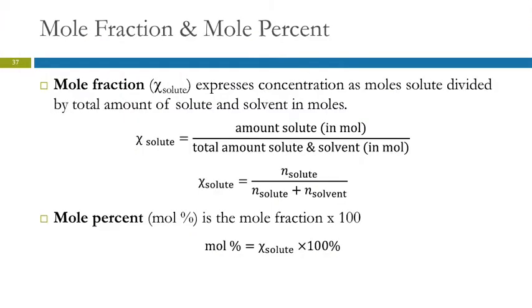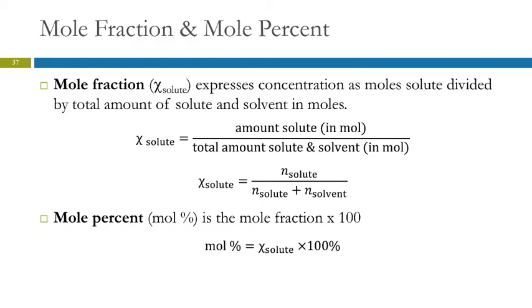Another pair of related units, mole fraction and mole percent. So mole fraction is chi solute. It's a Greek letter. That gives us concentration as moles of solute per total moles. So the amount of solute in moles divided by the total amount of moles, both solute and solvent.